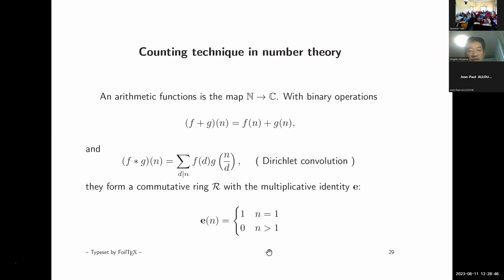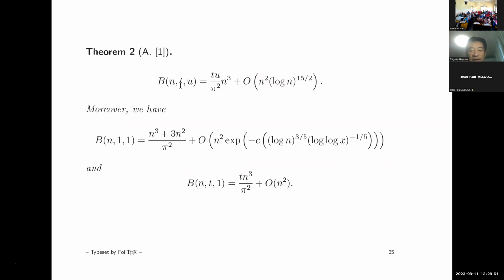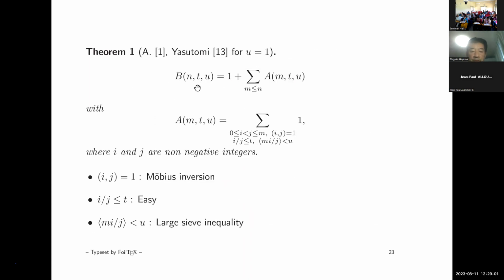If you want to show something like this, then by cutting off by t or u, we have an additional difficulty. A number theoretical difficulty comes up. The point is that we need to compute this b of N, t, u, then we get some sum and treat this i, j coprime condition; we use the Möbius function and Möbius inversion.